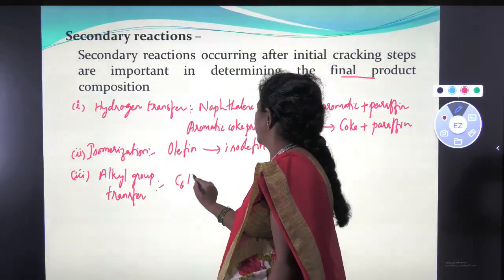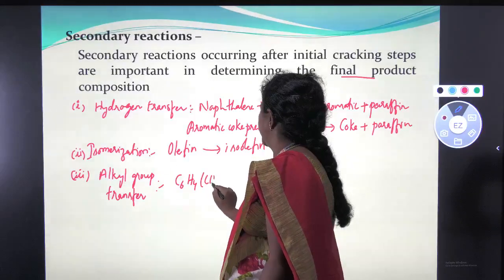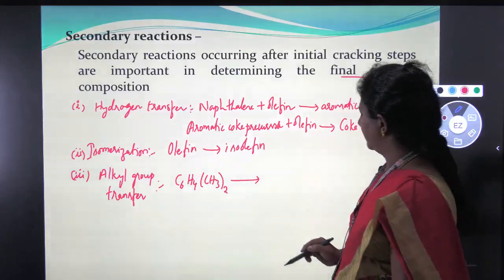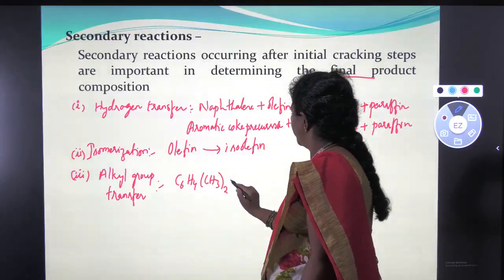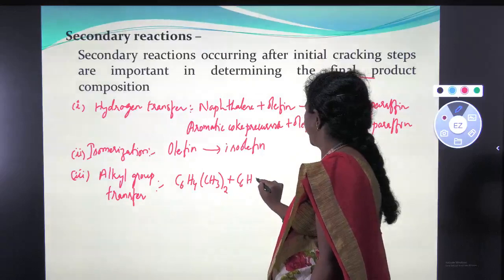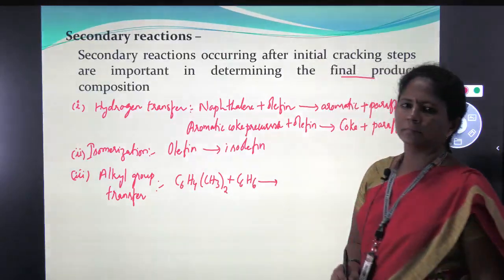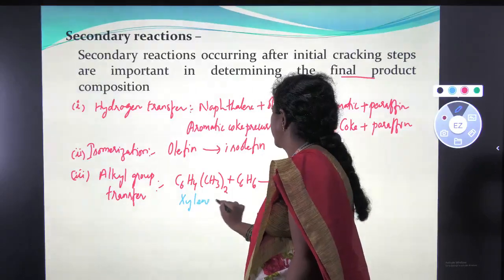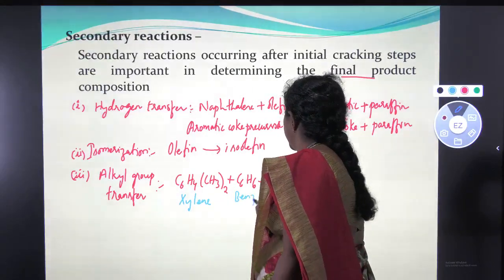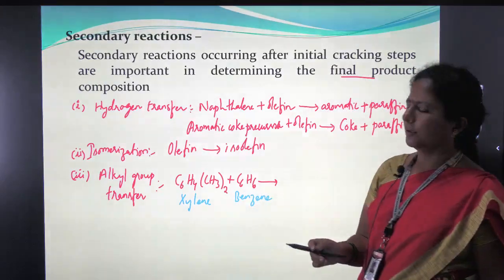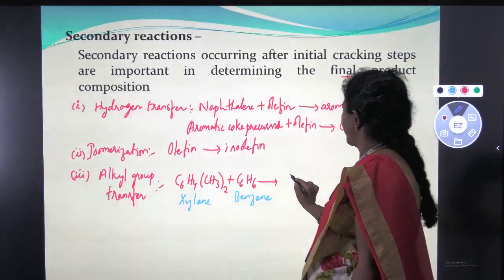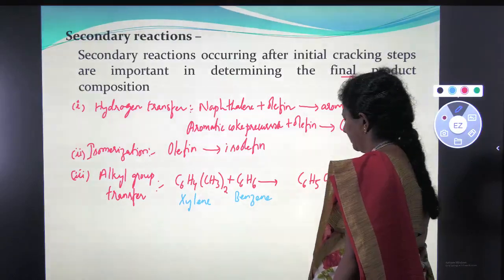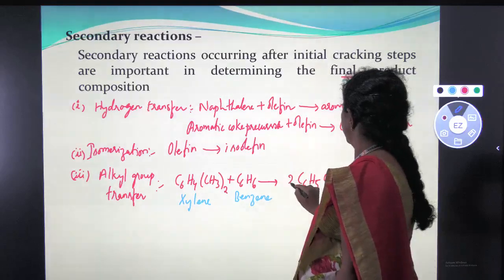For example, if we take xylene plus benzene, here this one is xylene, this is benzene. Due to transfer of the alkyl group, we will be getting toluene.